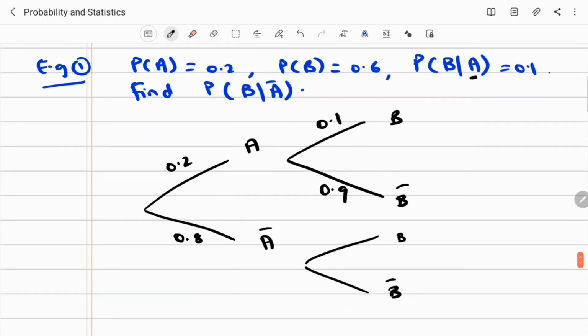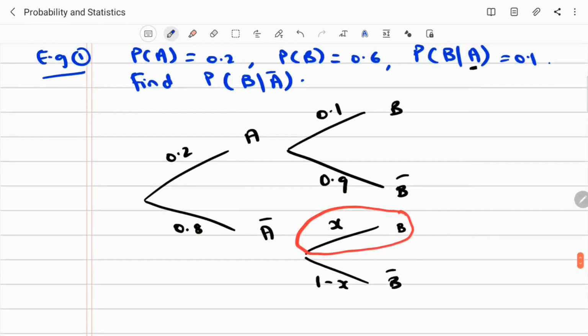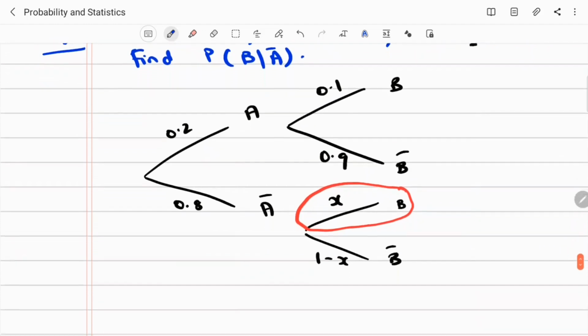And here, as you can see, that would be, let's say, X, and that would be 1 minus X. This branch corresponds to B given A dash, so the probability of B happening given A dash has happened. Now we will solve this. We have been given key information here, which is the probability of B equal to 0.6.